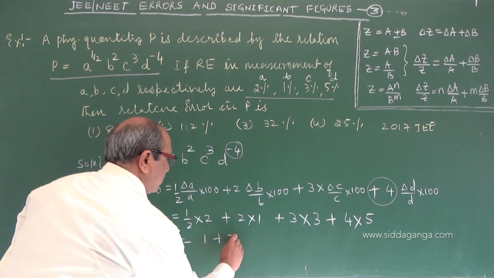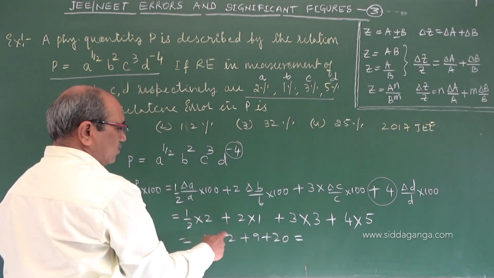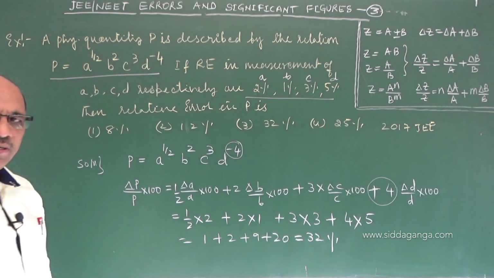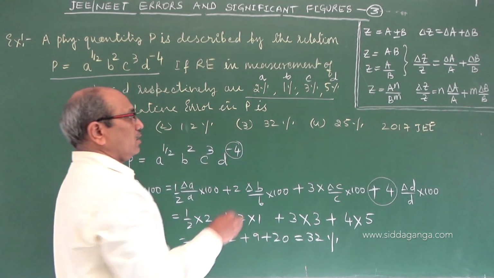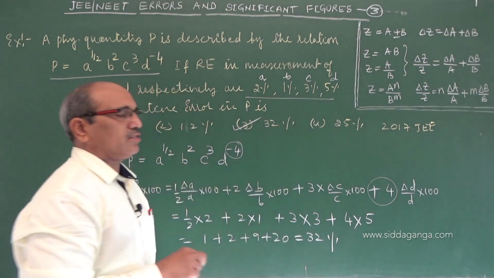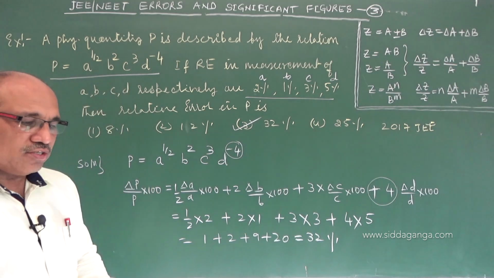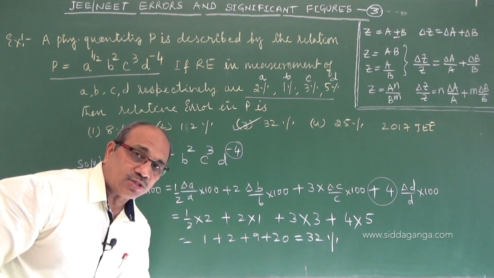This is 1 plus 2 plus 9 plus 20, that is 32%. Simple, direct question, and the answer is 32%. Most questions appearing are simple and direct, and you have to answer questions of this type without missing.